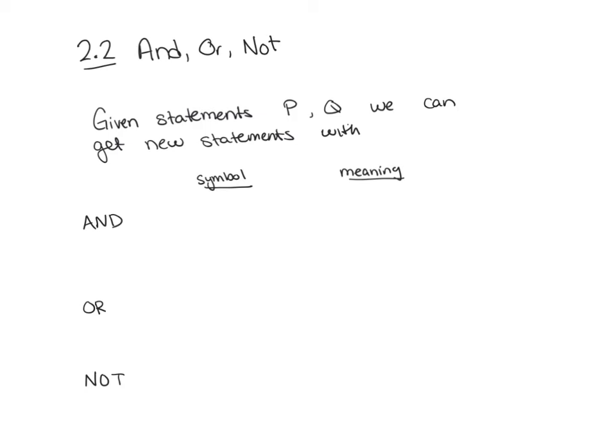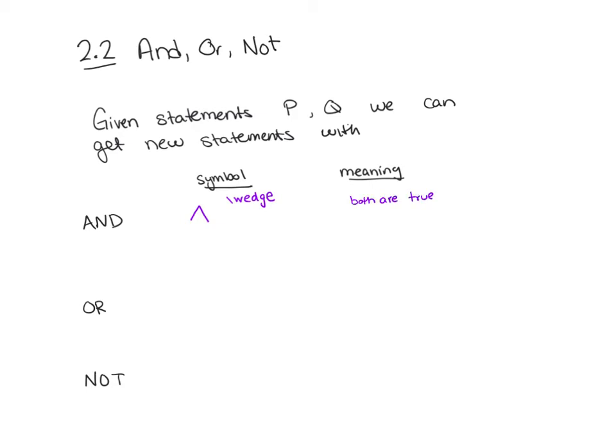So the symbol for and is this upward facing wedge here. If you're trying to type that in LaTeX, it is \wedge. And it means that both statements must be true.